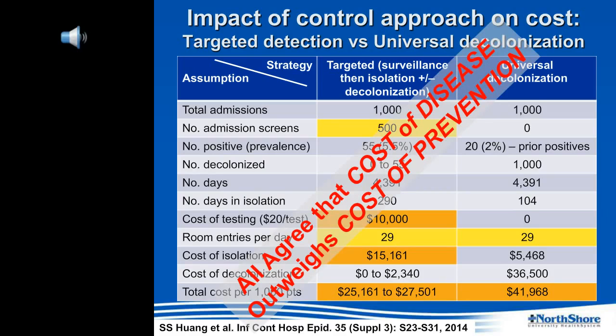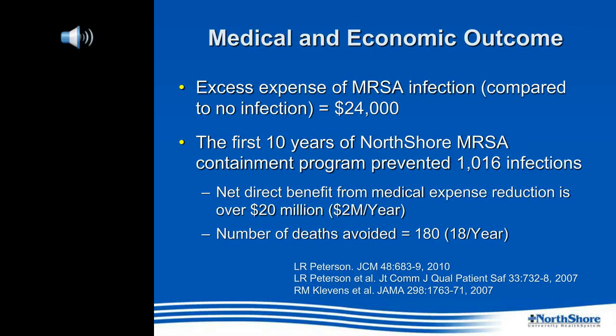Everyone agrees that the cost of disease outweighs the cost of prevention, so we just need to decide how to best prevent disease. Medical and economic outcome, this is another important summary to look at and report to your administration when you're doing this. So we've just summarized our first 10 years of experience with our own program.